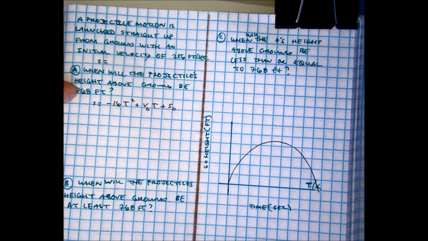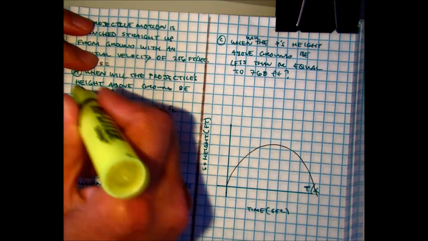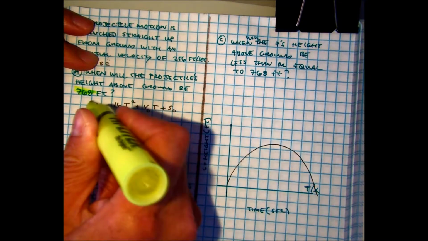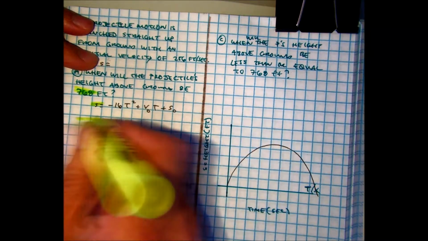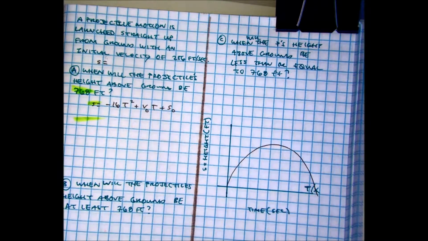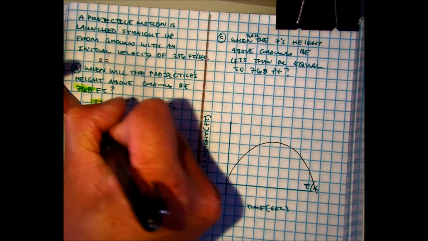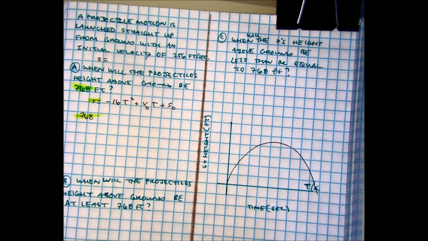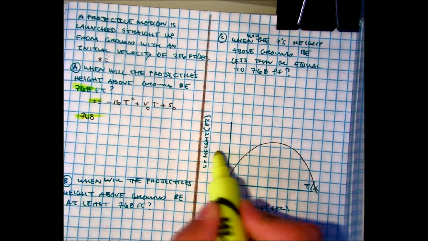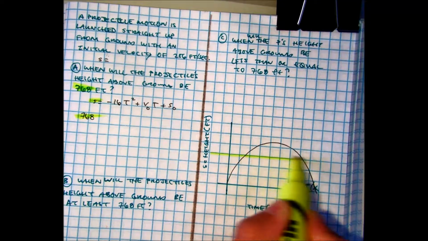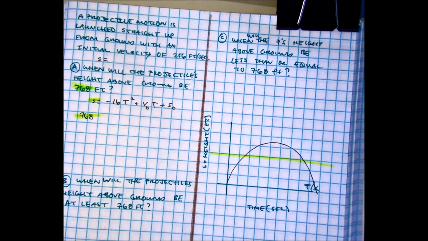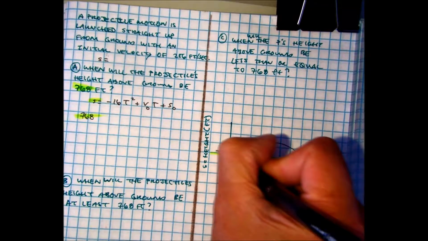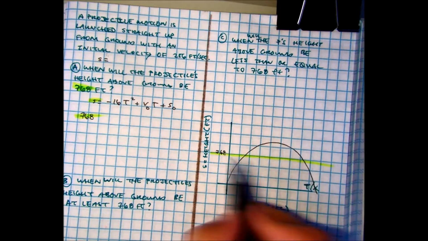In this problem, they want to know when the height is going to be 768 feet. When will Erica's sister's hairbrush in the air be 768 feet in the air?